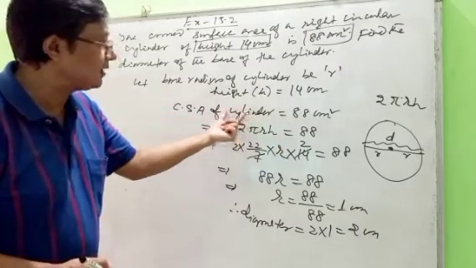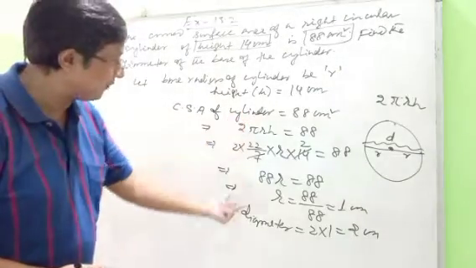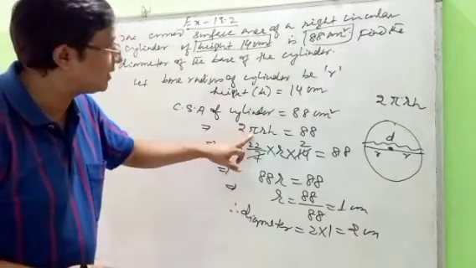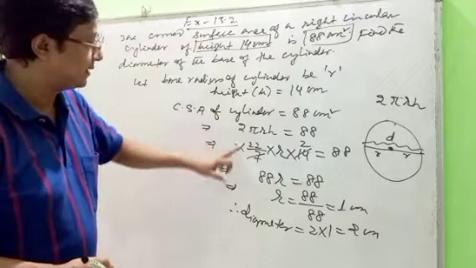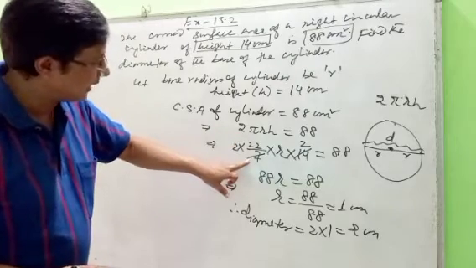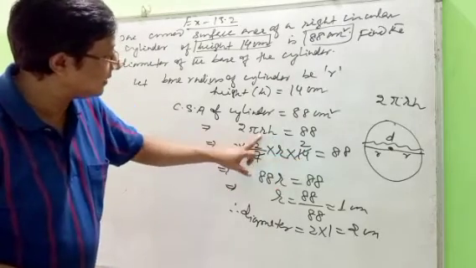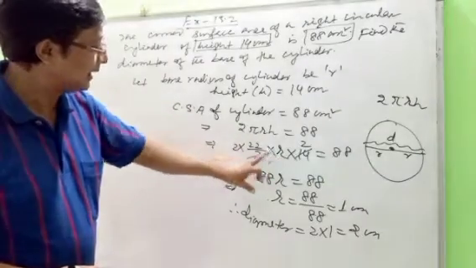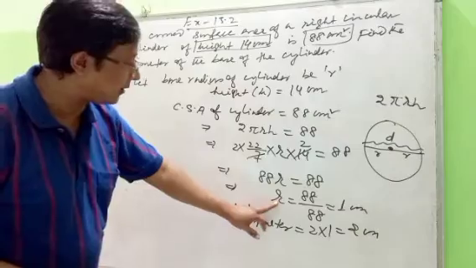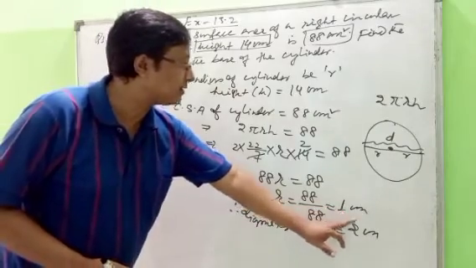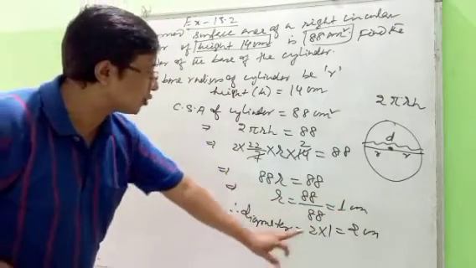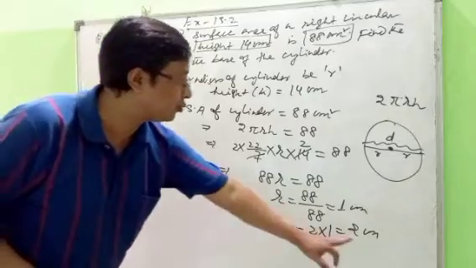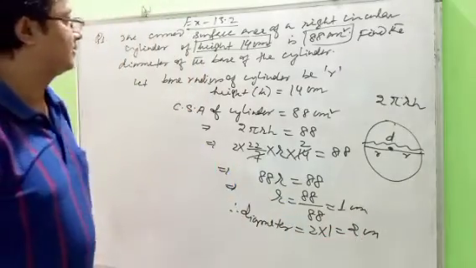Then you used the formula, and the value of pi is always 22 by 7. By cancelling you got r equals 1 centimeter. So the diameter is double the radius, so you got 2 centimeter. This is your answer.